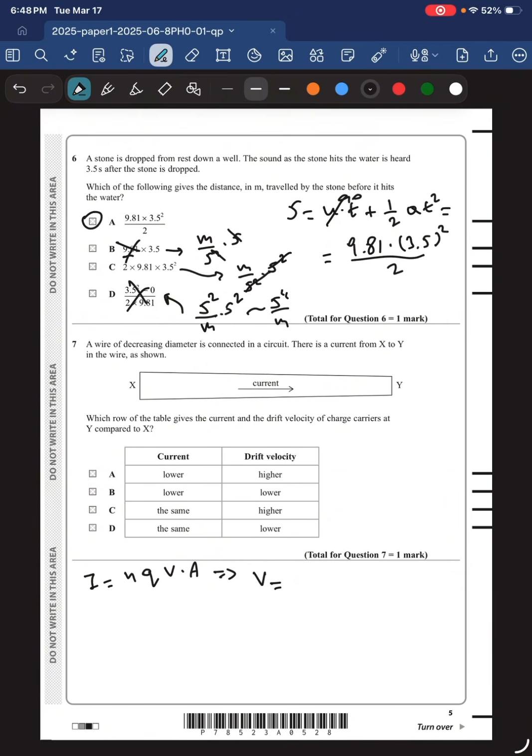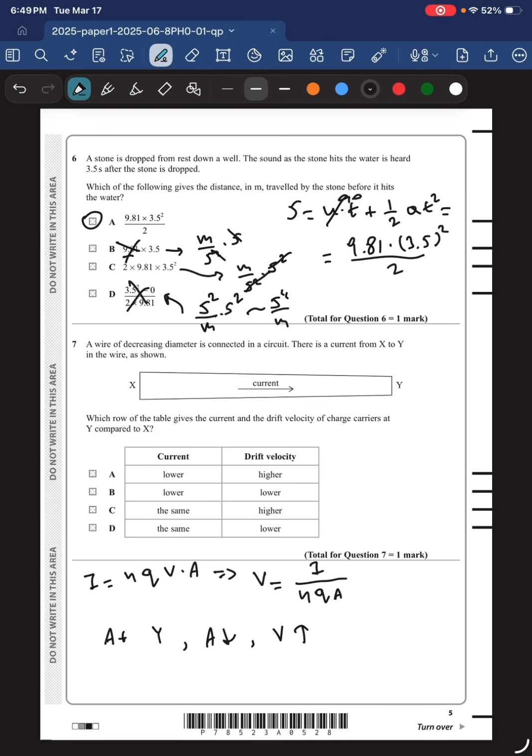So if we solve for the drift velocity, we find I over NQA. At Y, the cross-sectional area reduces, so A reduces, therefore v increases.